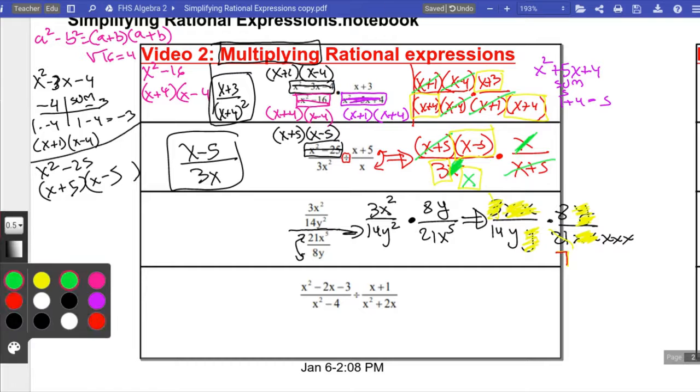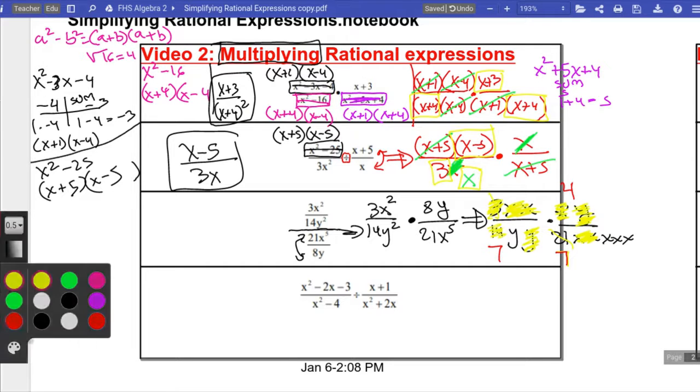I can divide this by 2, and you're going to have 4 here, and divide this by 2, you have 7 here, right? Right.